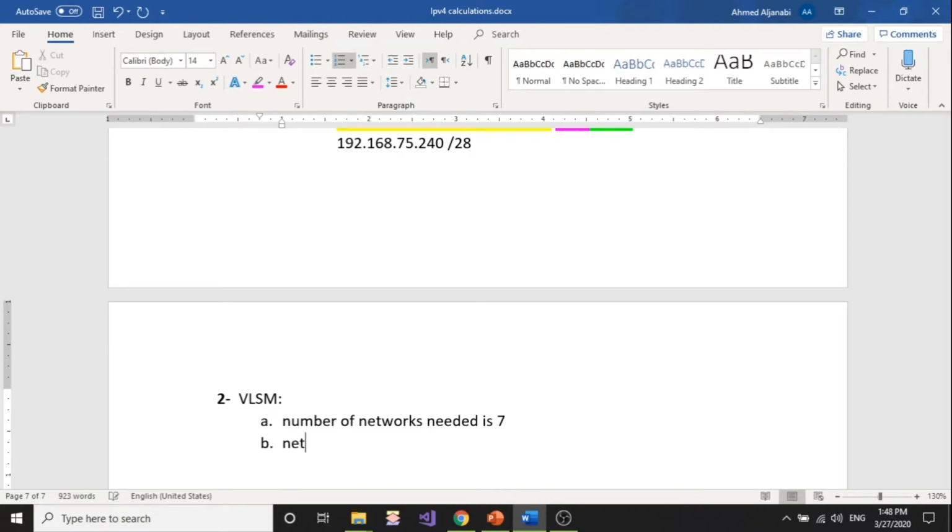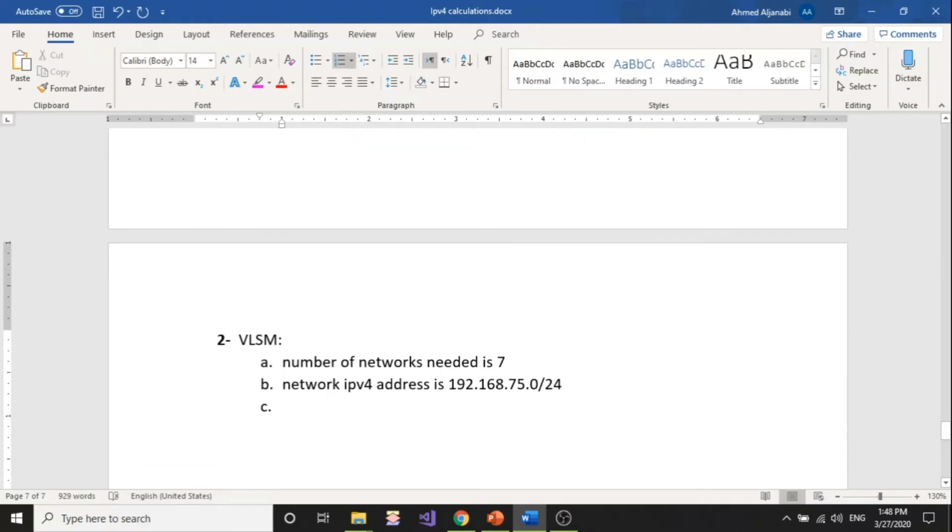If the network IP address is, let's say, 192.168.75.0 with a 24 prefix, that basically means we need to borrow 3 bits from the host portion to the network portion.